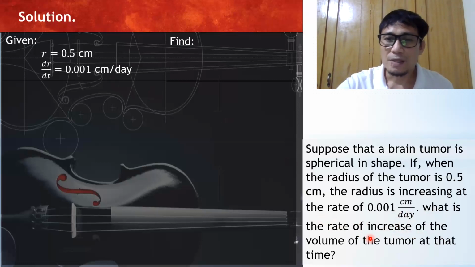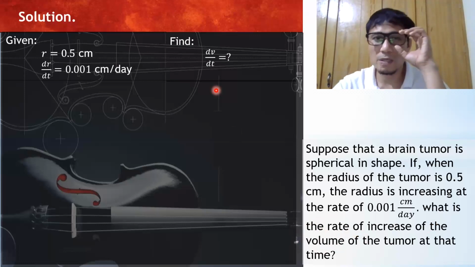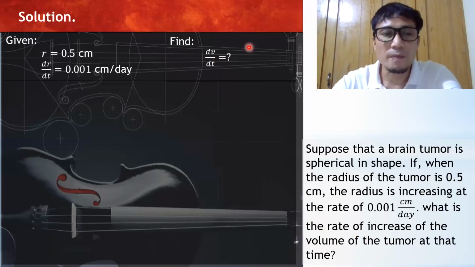So when it says rate of increase of the volume of the tumor, we are talking about the change of the volume with respect to time. So this is also similar to the derivative of the volume with respect to time, or we denote that by dV/dt. So this is the quantity required.